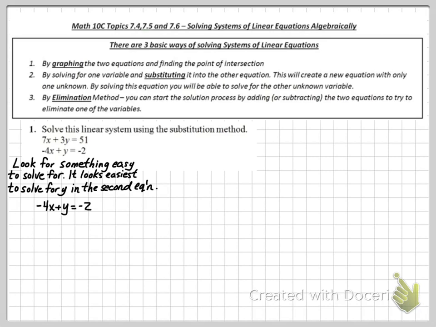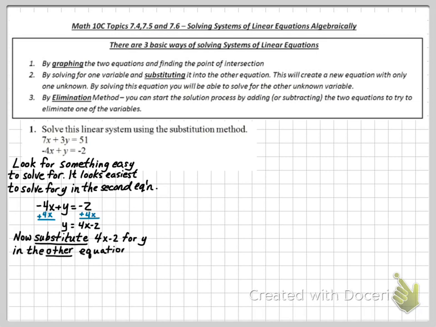And when you took the negative 4x plus y equals negative 2, adding 4x to the left and the right side rearranges the equation to say y is equal to 4x minus 2. Now, what we're going to do with this is substitute it for y into the first equation.